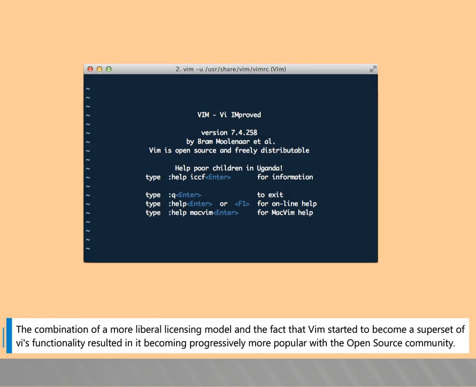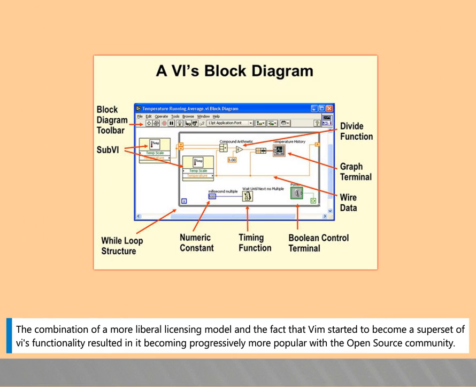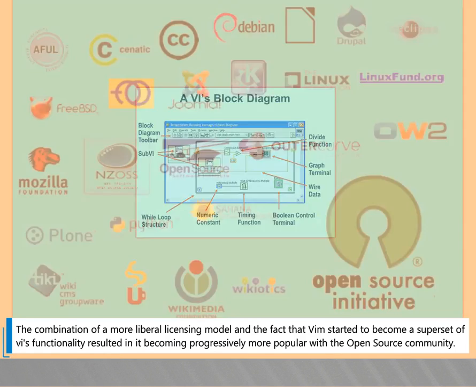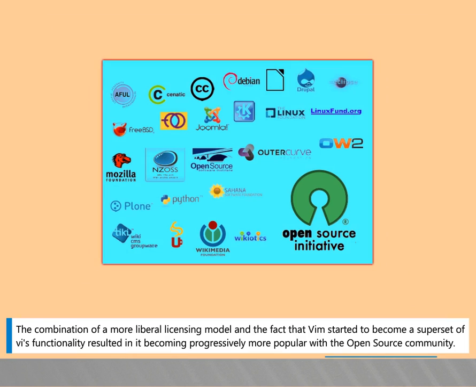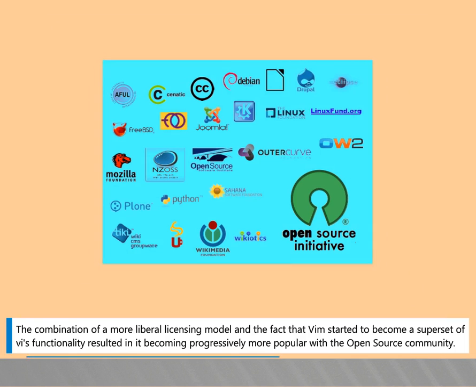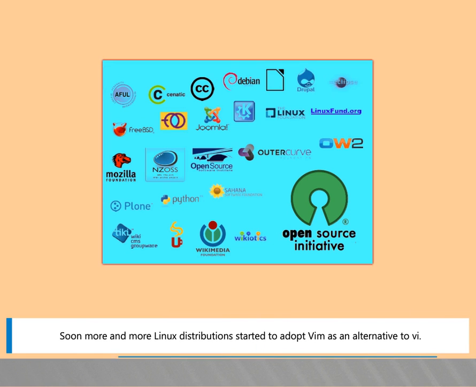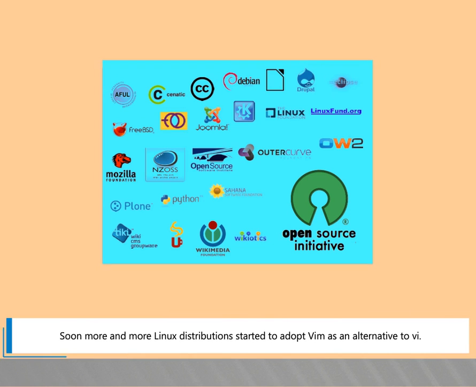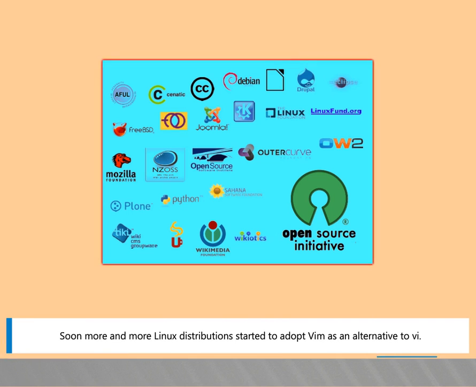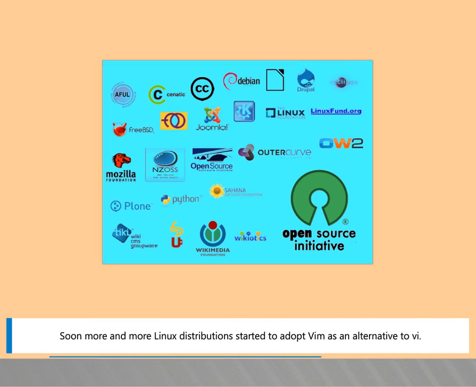The combination of a more liberal licensing model and the fact that VIM started to become a superset of VI's functionality resulted in it becoming progressively more popular with the open source community. Soon, more and more Linux distributions started to adopt VIM as an alternative to VI.